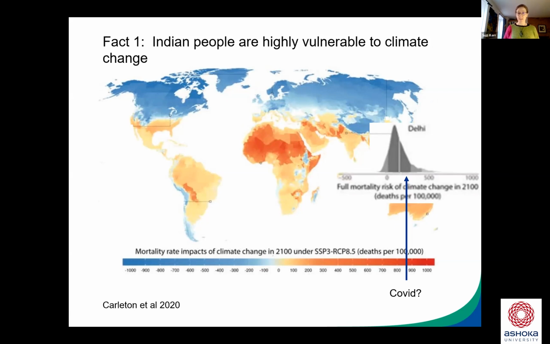Again, this is an RCP 8.5 scenario, and I've pulled out specifically the results for Delhi, which suggest that there could be significantly higher mortality from heat and climate in general in Delhi in 2100. And I've just put on there one estimate for the total deaths from COVID so far, just for a little bit of comparison. This is on a similar scale.